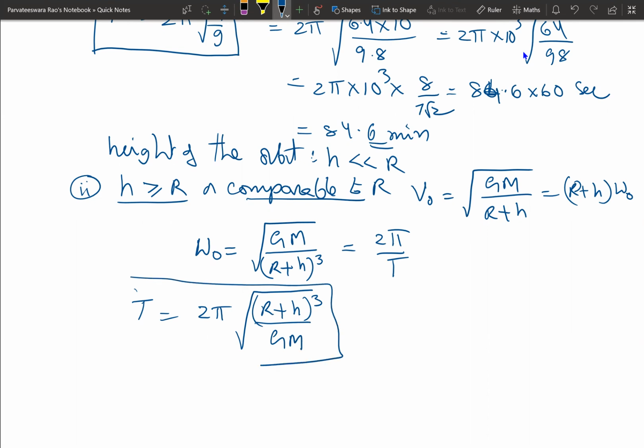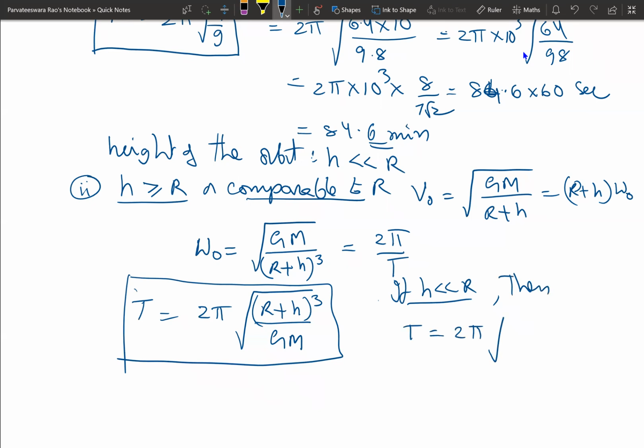If h is very much less than R, then T is equal to 2 pi root of R cube by GM, which implies T square is directly proportional to R cube. This is nothing but Kepler's third law.